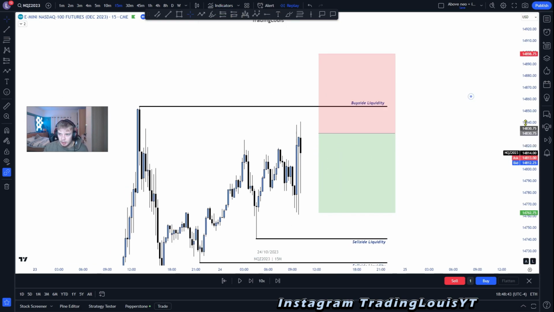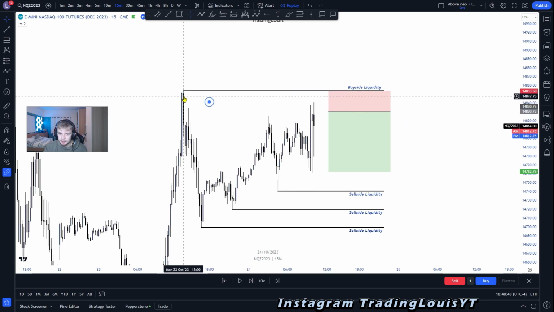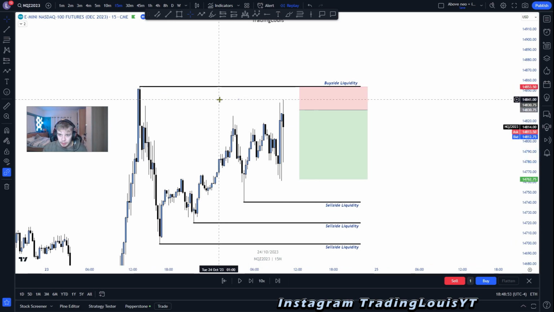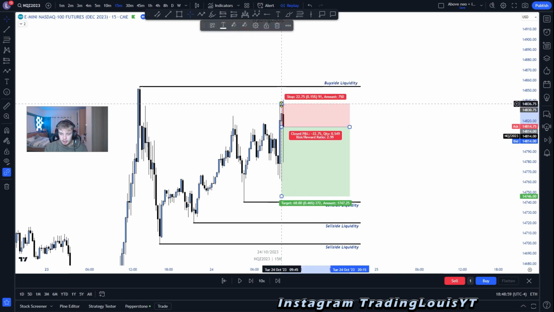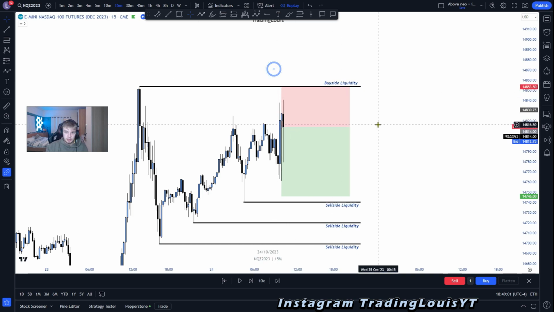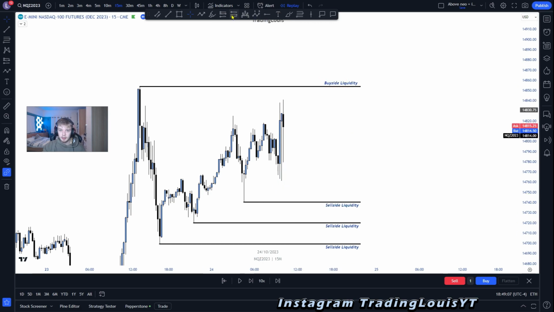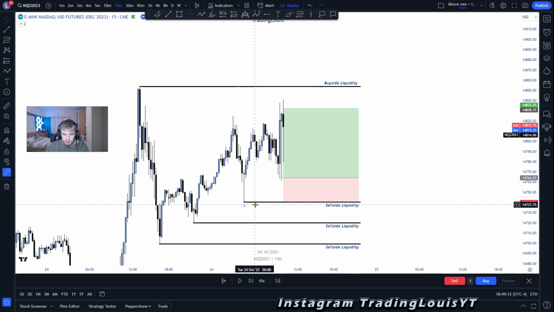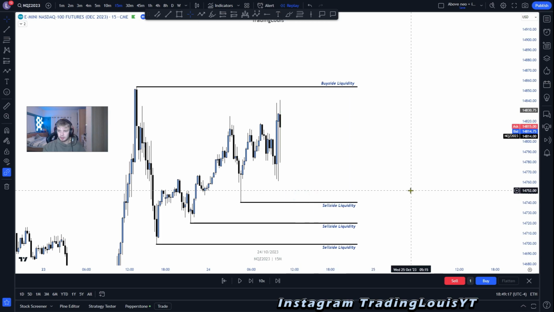For example, lots of stop losses are going to be resting right here, because this is the most recent swing high and it's quite a noticeable one. If somebody's bias is short and they enter into a position here, there's a high chance that their stop loss is going to be at the swing high, and vice versa. If people are long here, they're going to put their stop loss at these different points, just because they're swing lows, and it's just nice to look at. People that trade retail most likely have their stop losses there.